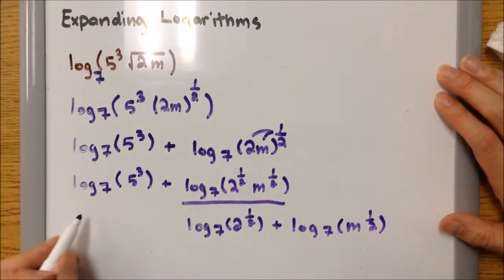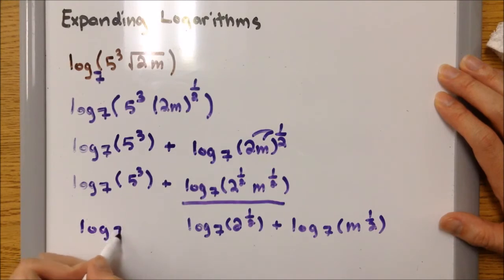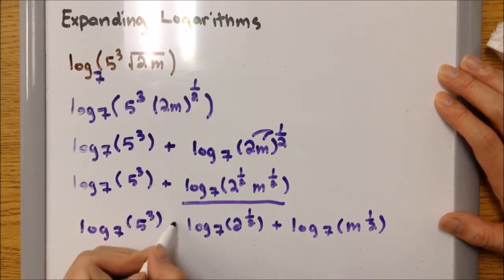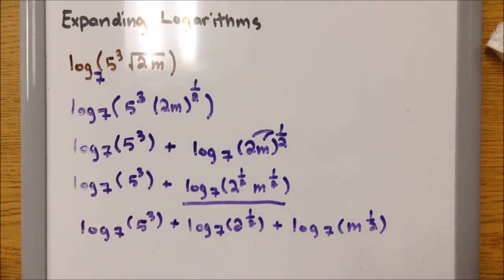And then I'm just going to bring down log base 7 of 5 to the 3rd power. So there's nothing else I could split.